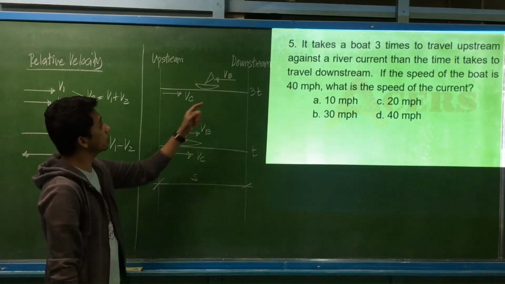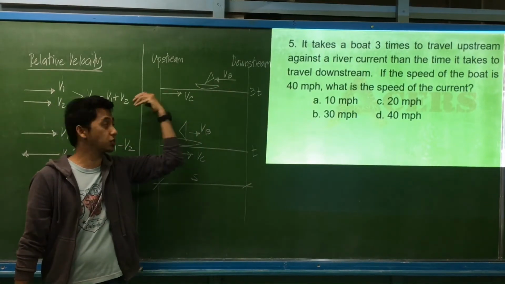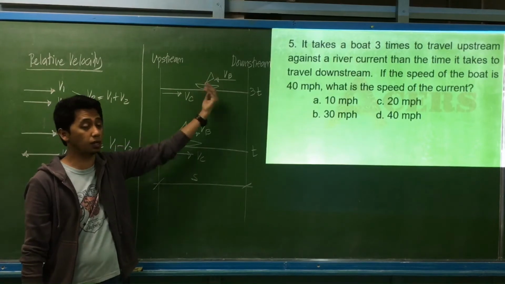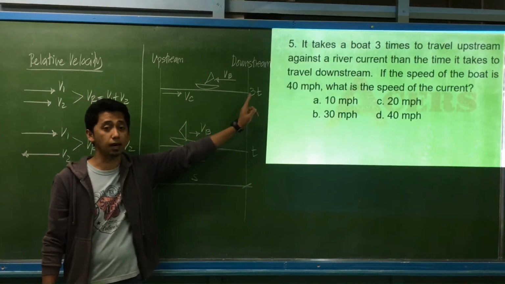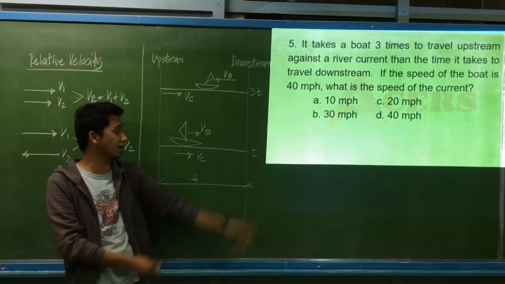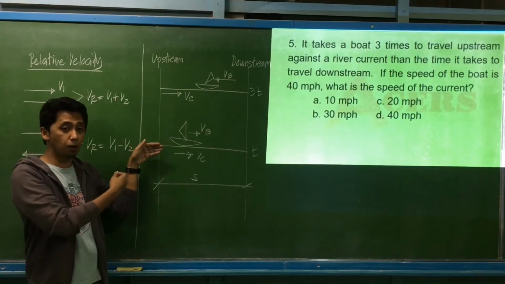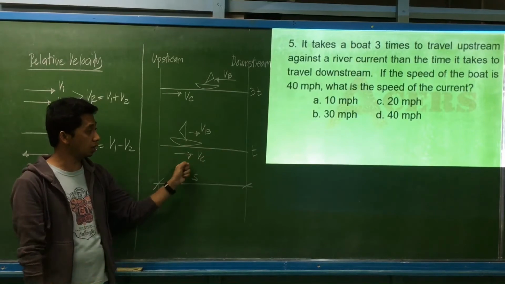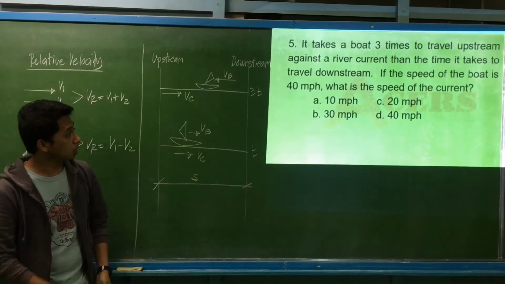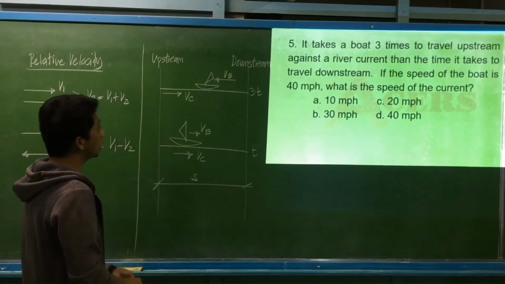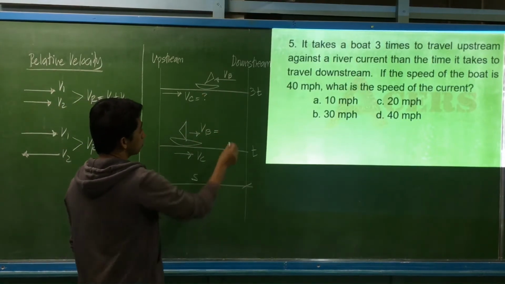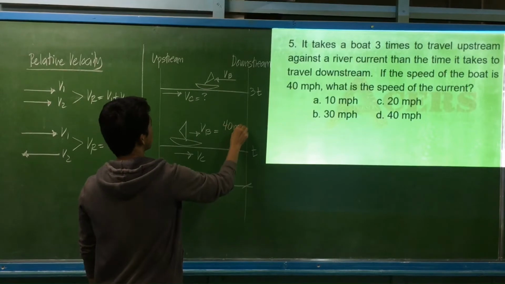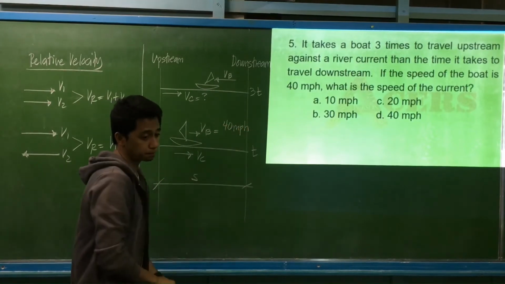If the boat is moving against the current, so let's say the boat is to the left and the current is to the right, the time will be 3 times the usual time if the boat travels along with the current. We are looking for the velocity of the current. The velocity of the boat is 40 miles per hour.